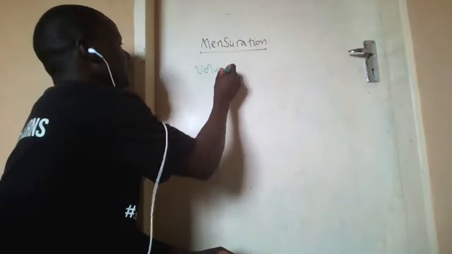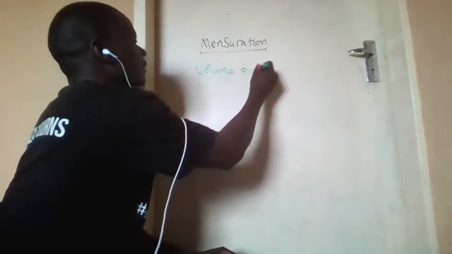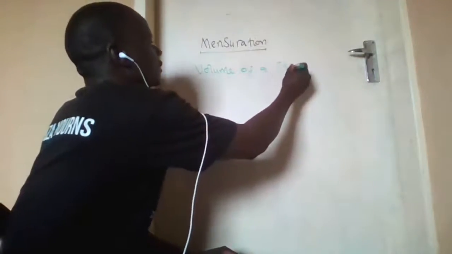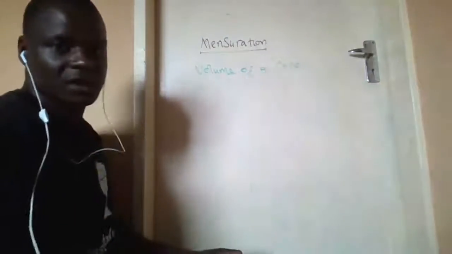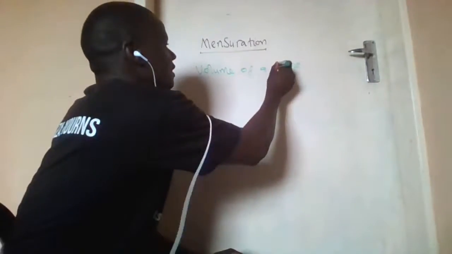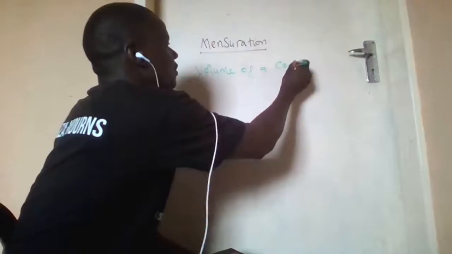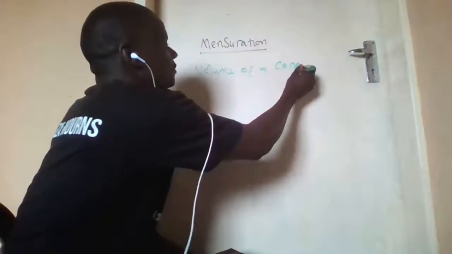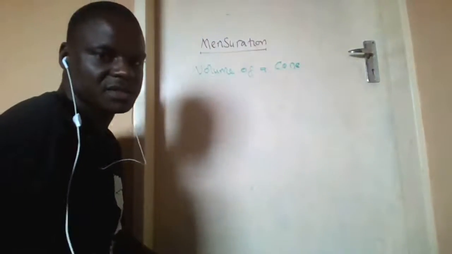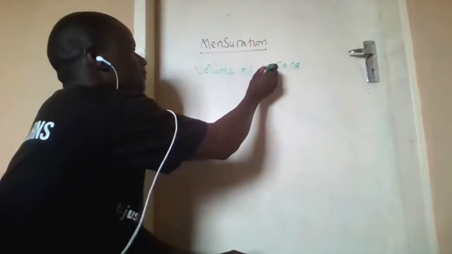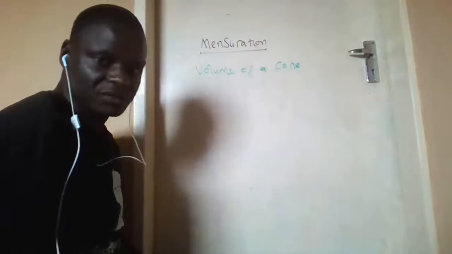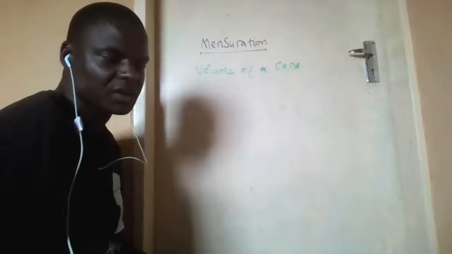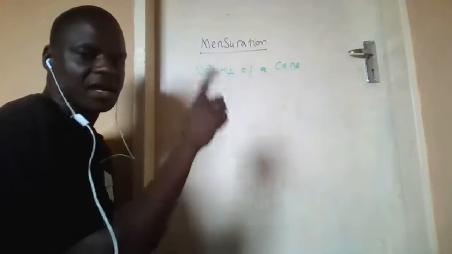Volume of a cone. In most cases, if not always, the formula for finding the volume of an item is always the base area times the height.